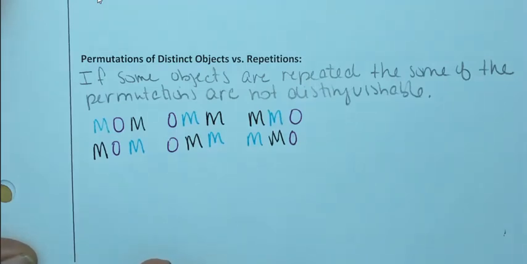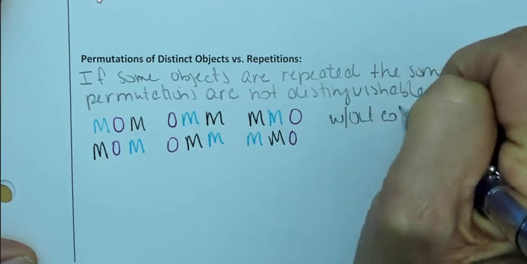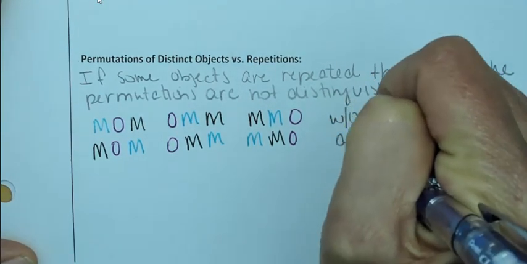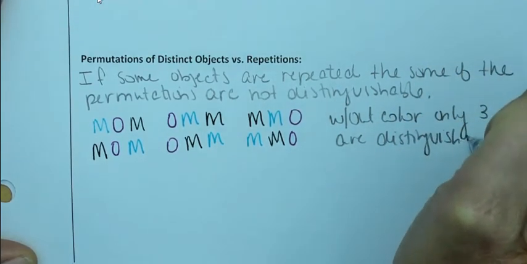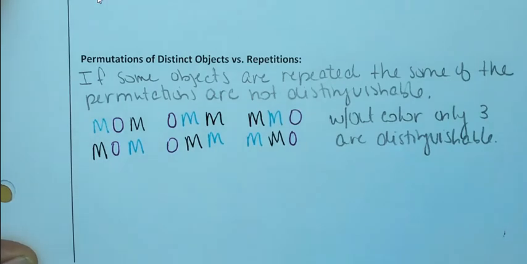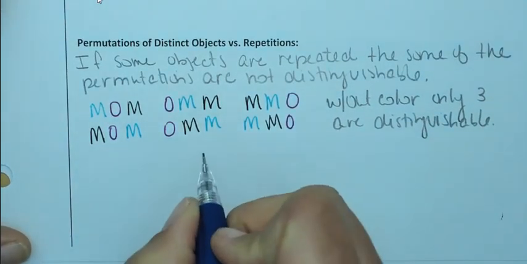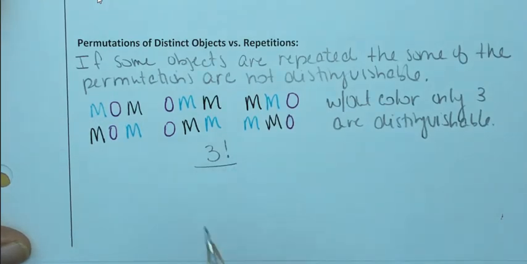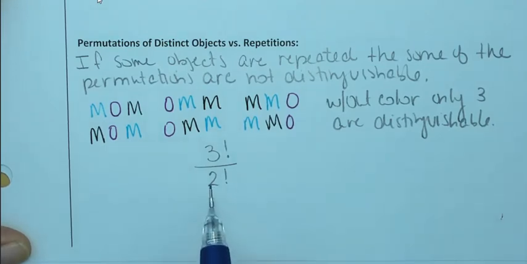So really, only 3 of them are distinguishable. So without color, only 3 are distinguishable. So really, this would be the same thing as saying 3 factorial divided out the 2 repeating things, right?